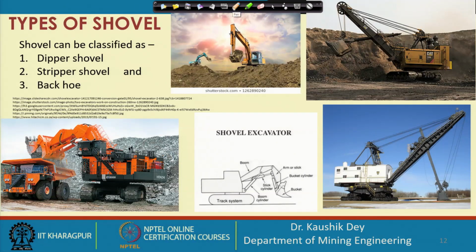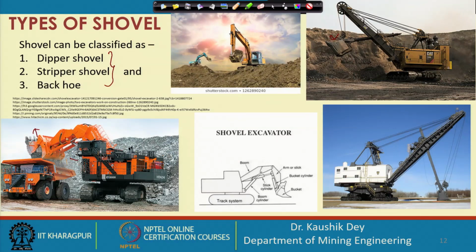In general, excavators are classified in 3 ways depending on the position of the bucket and the purpose of excavation. So, these are the 3 types. You can see in this case, this bucket has its opening in the upward direction, or you can say in other way, it is on the opposite side of the cabin.